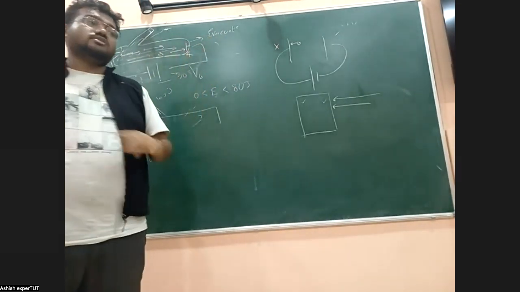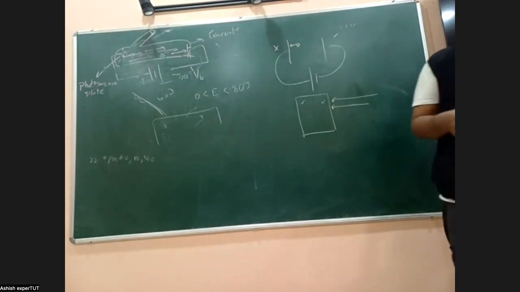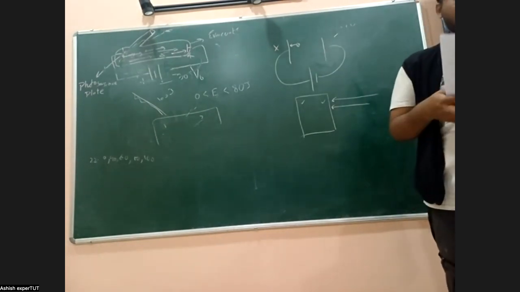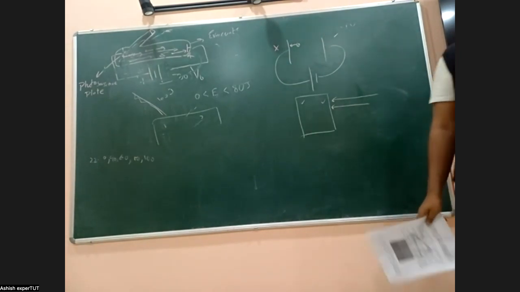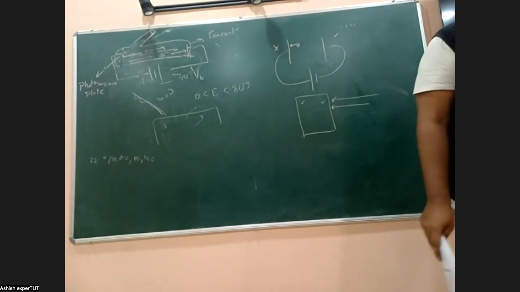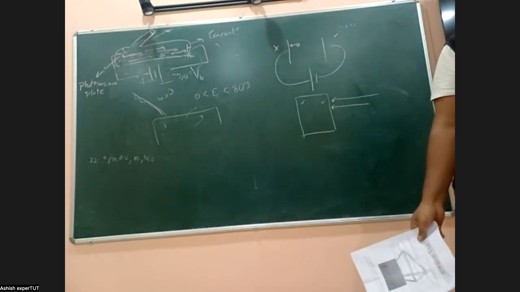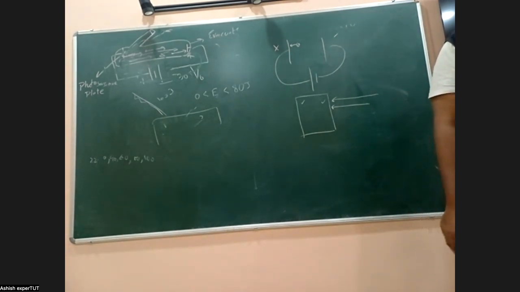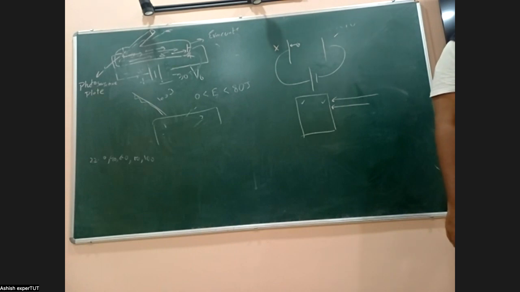Understood? The concept is 1 knocks out 1. Okay, you understood? 1 knocks out 1 means 1 photon knocks out 1 electron. Okay.